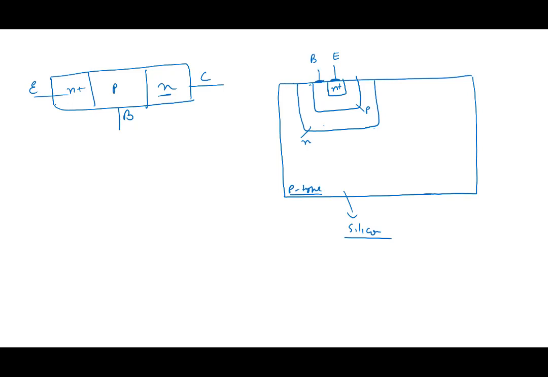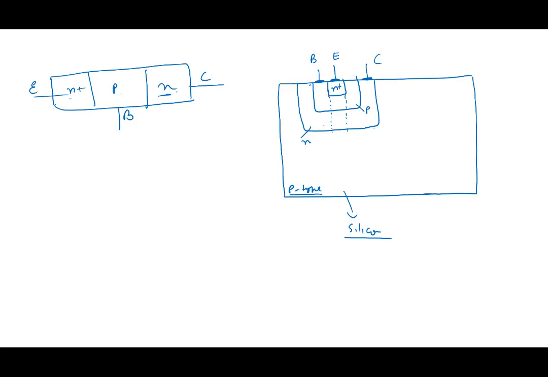And where is the collector? Let's say the collector could be here. This is NPN. So when we draw this transistor, what we are drawing is a line like this and something in between, N plus, P and N. But the transistor actually looks more like this.